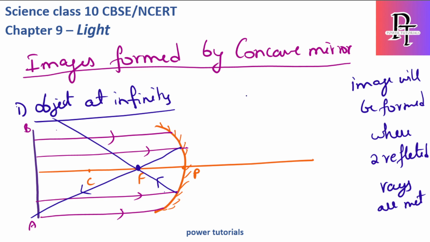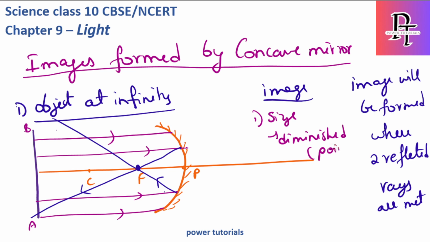So what about the image now? Image properties, if I ask you, you have to say the image properties are: first point, size is diminished or point sized. I'll write nature also. Nature, we call it, it is, I mean, to the face of the mirror, so it is real.